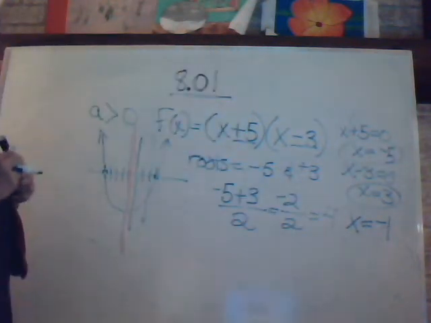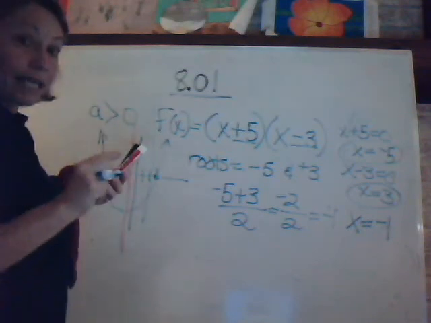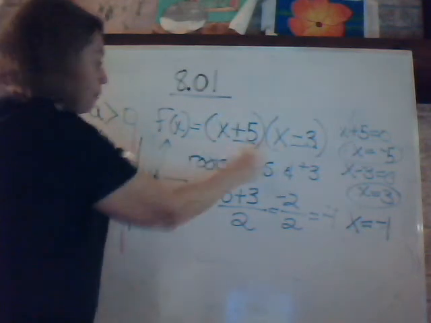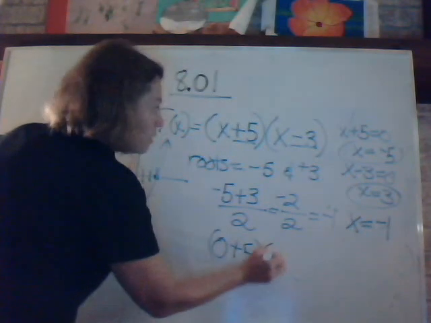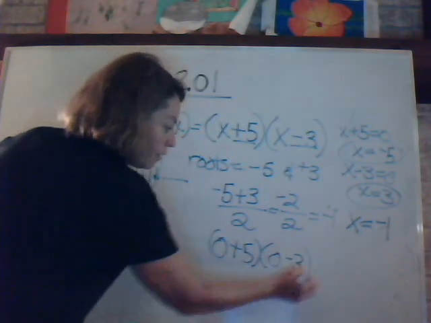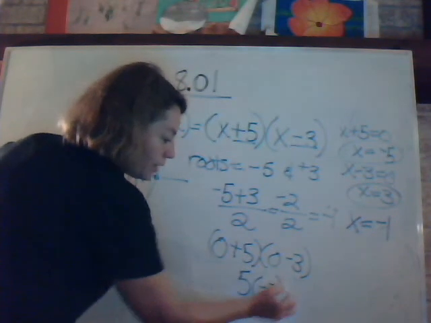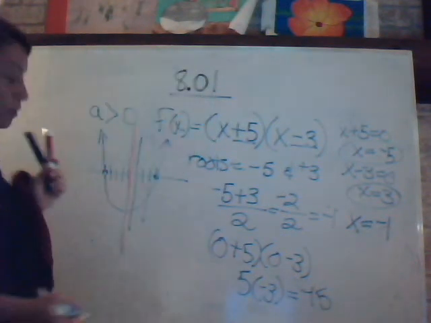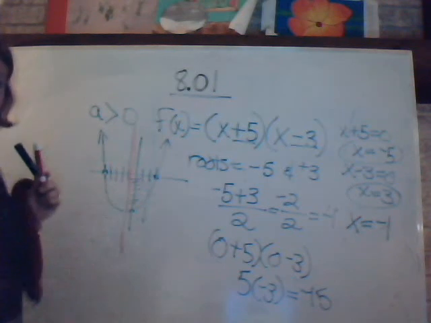Okay, the only other thing I have to do is find my y-intercept. To find my y-intercept, I plug in 0 for x. Okay? So I plug in a 0 here, and I plug in a 0 here. When I plug in a 0, 0 plus 5 times 0 minus 3. This is going to be 5 times negative 3, which equals negative 15. So that's my y-intercept. So it's going to cross way down here at negative 15. Okay?